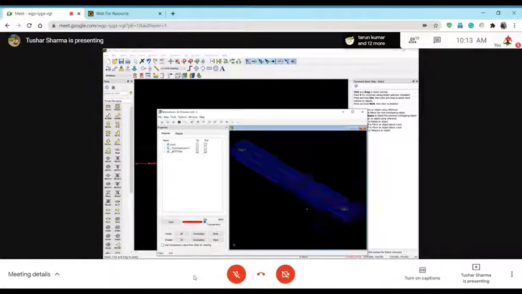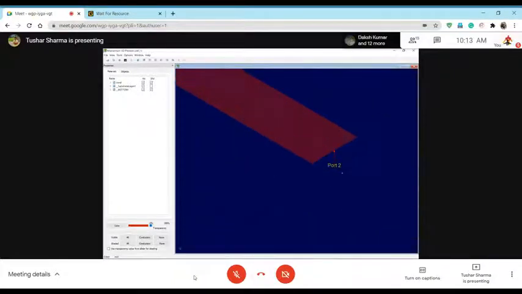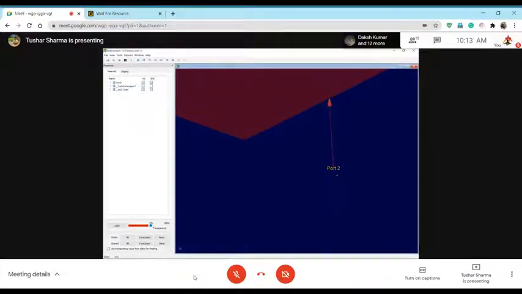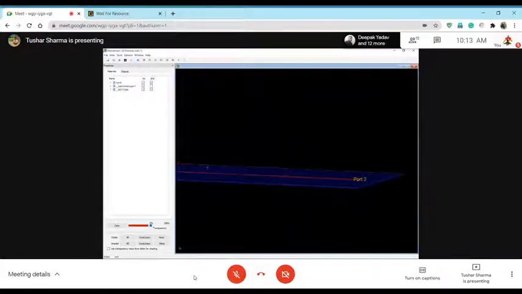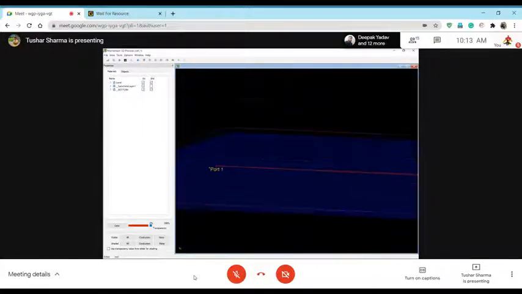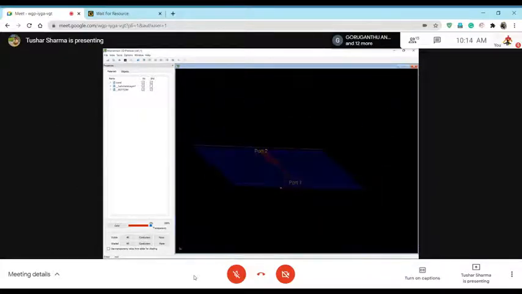Okay, so you see the port. The port is between the ground and the top metal layer. And similarly, here is my port 1. These are 2 ports, and I am just simulating the effect of the fields.